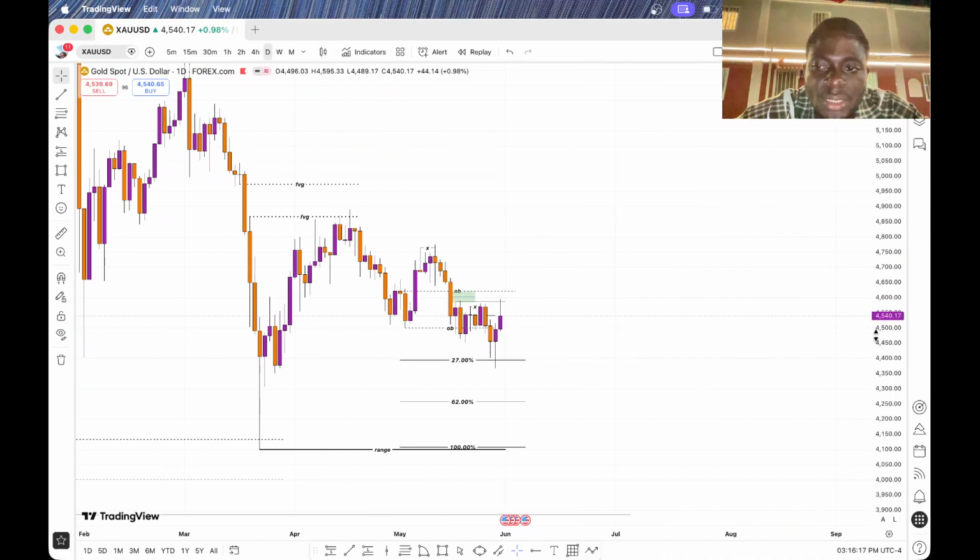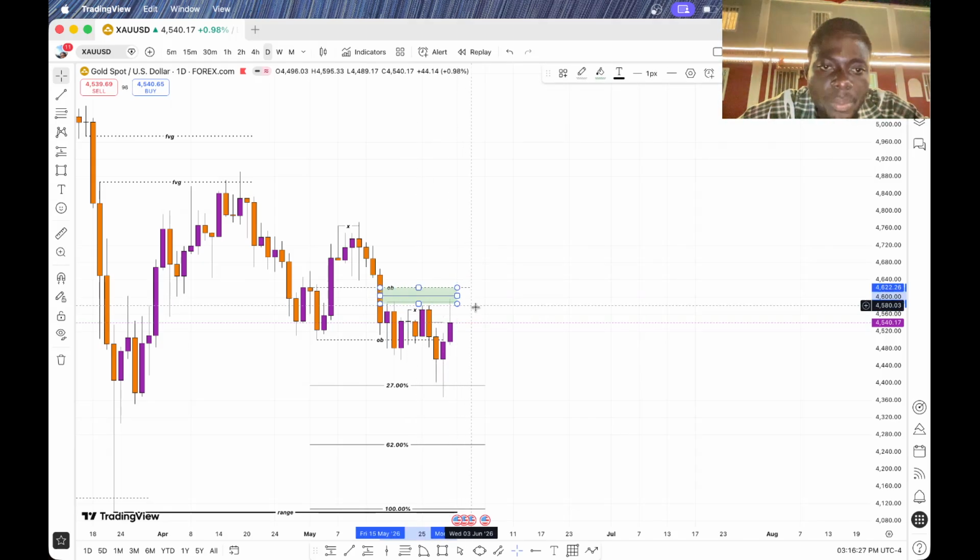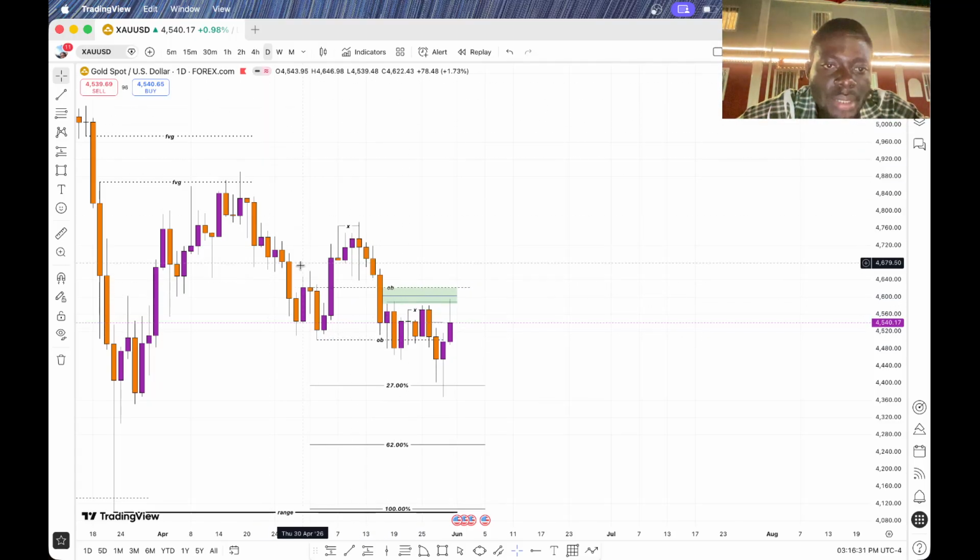The daily has given us all the indication we need to see, because it went up, tore above this high, swept liquidity, and then entered this fair value gap. I did this OB over here because, how do you call it?